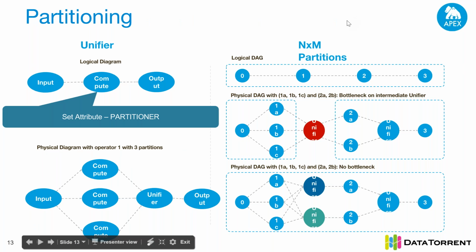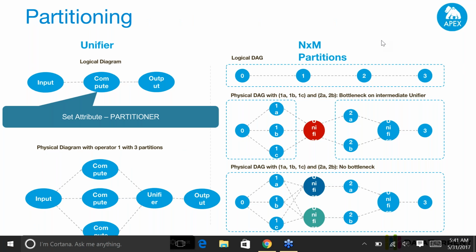So we'll go over quickly the static partitioning functionalities which Apex provides out of the box, and then afterwards we look at the dynamic partitioning. In case of static partitioning, you can simply set the partitioner attribute on each of the operators with the type of partitioning.